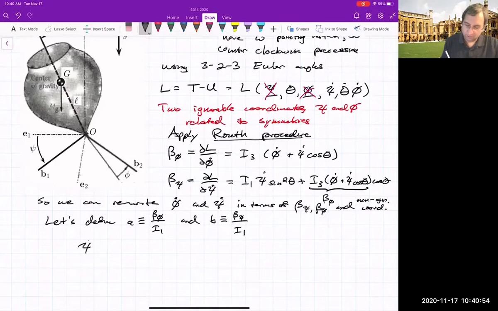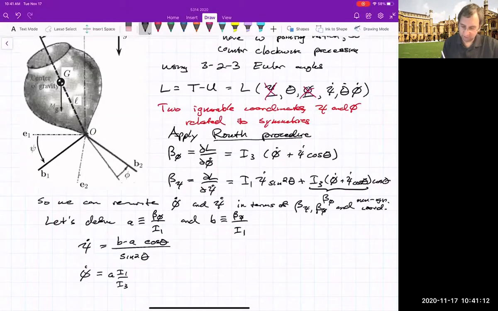And then what you would get for this rewriting is psi dot equals B minus A cosine theta over sine squared theta. Phi dot equals A I1 over I3, a constant, minus B minus A cosine theta over sine squared theta. Looks like it's just psi dot times cosine theta.